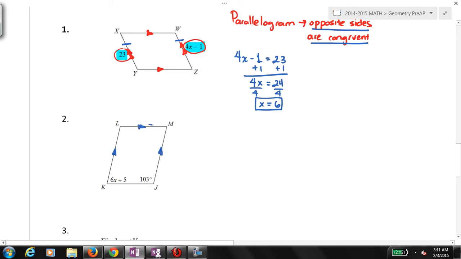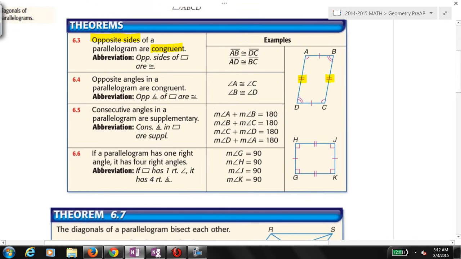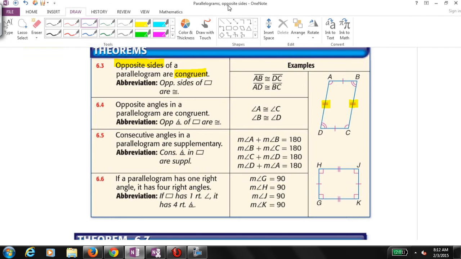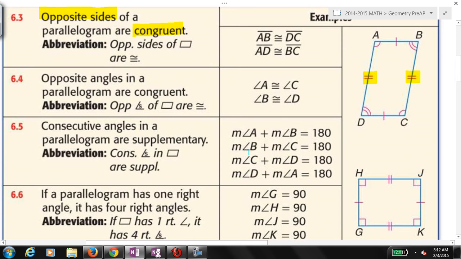By the way, these arrows just indicate that these two lines are parallel and these two lines are parallel. Now this time I'm dealing with angles, not sides. So if I go back up to the theorems, now I start looking at the angles, and really these we don't have to memorize because I'll explain how to basically prove them.